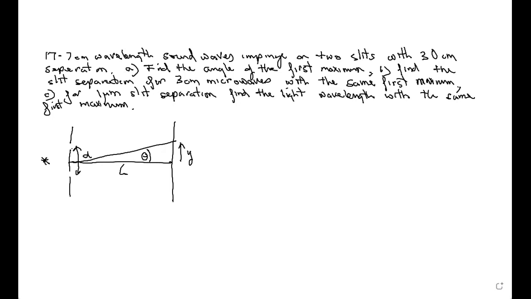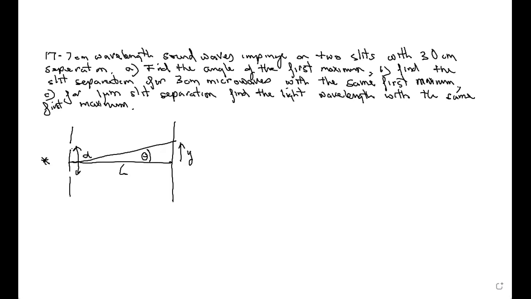So in this question, we're asked to imagine a two-slit setup, and we're actually going to think about several two-slit setups. One in which we create an interference pattern with sound waves, one where we create an interference pattern with microwaves, and then finally one where we create an interference pattern with light waves.